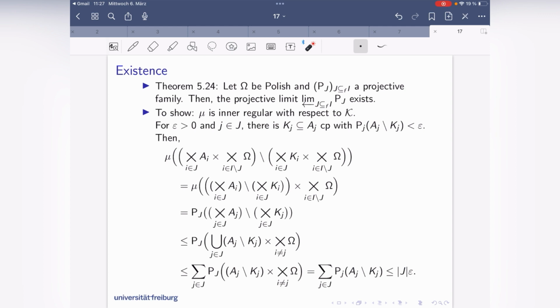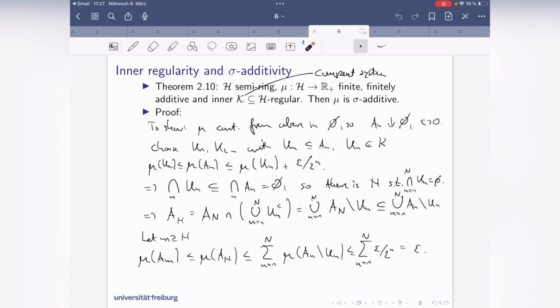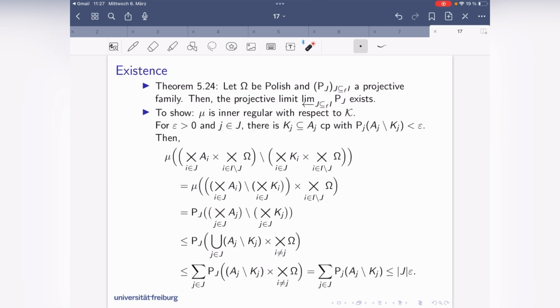So how can we conclude this? There's one thing we need. And I forgot to say, omega has to be Polish. It has to be Polish because it has to be Polish also here, I think. I just didn't write it down. No, here it is. On Polish spaces, we had one result which says that every measure is inner regular with respect to the compact sets on the space.